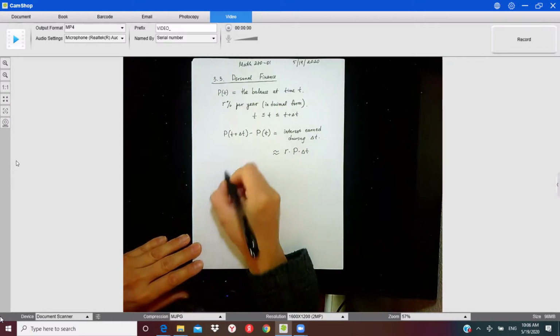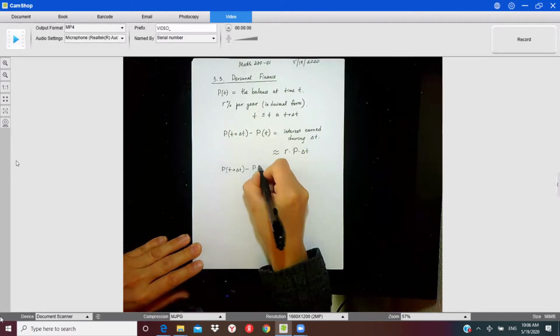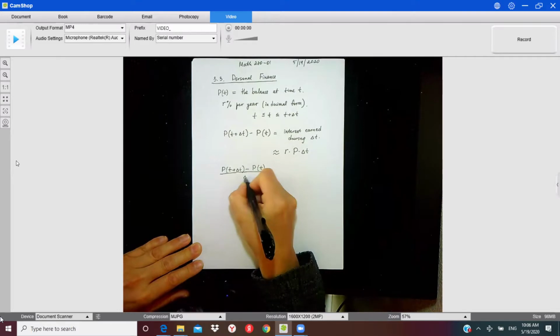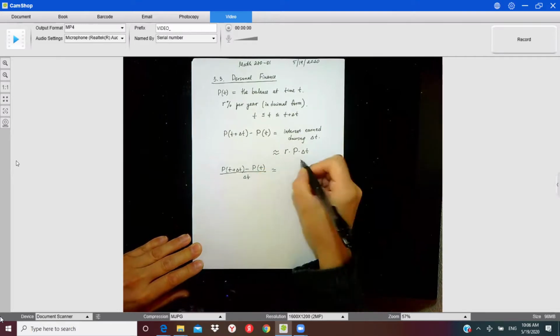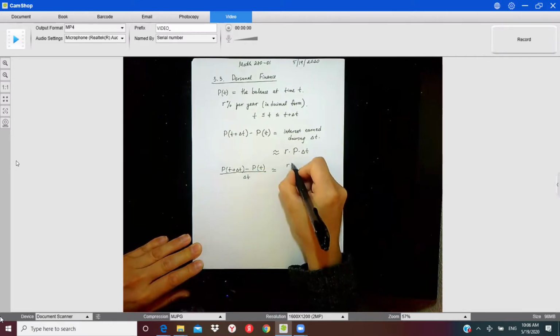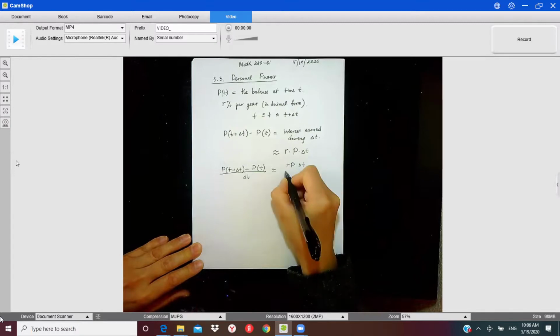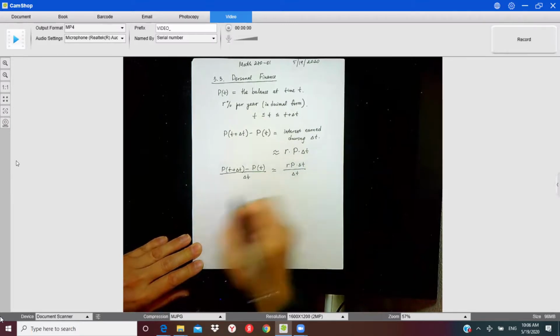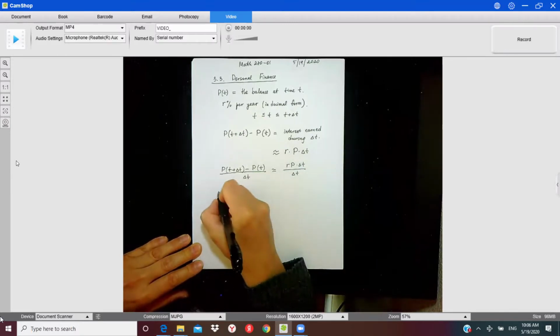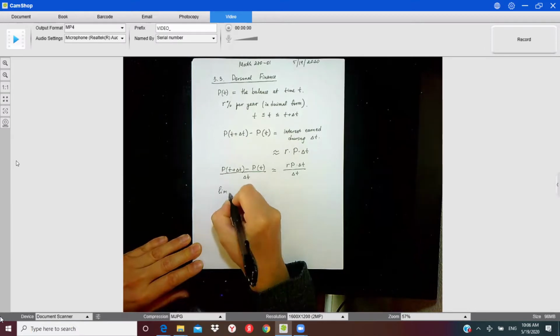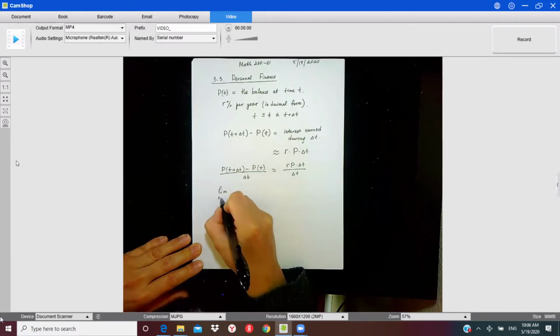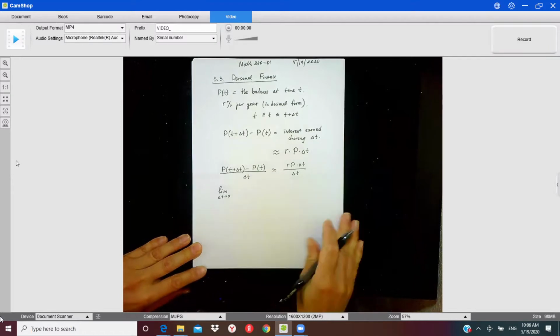So we divide by delta t, and then take the limit as delta t goes to 0.